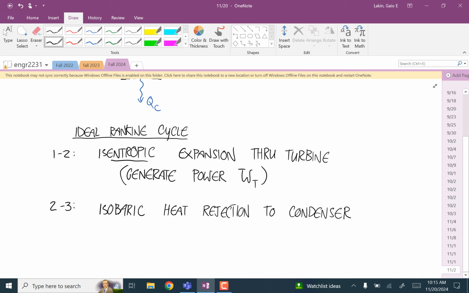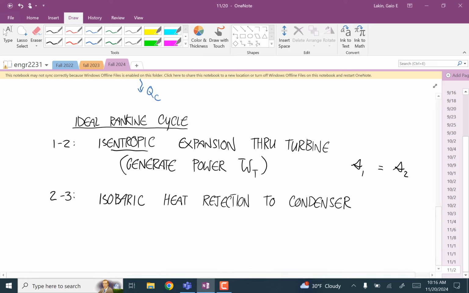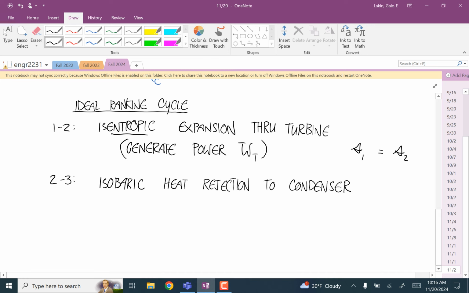If you have room here for the first stage going from state 1 to state 2, since this is isentropic, the specific entropy at state 1 is equal to the specific entropy at state 2. So these are the things that we're going to use when we start doing these calculations. The isobaric heat rejection means that since it's isobaric, the pressure at state 2 is equal to the pressure at state 3.